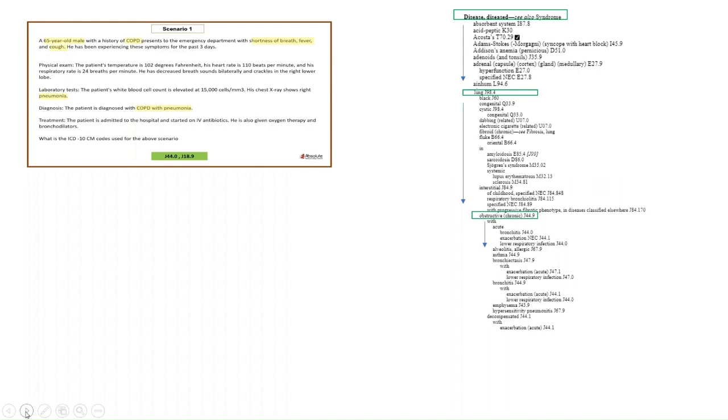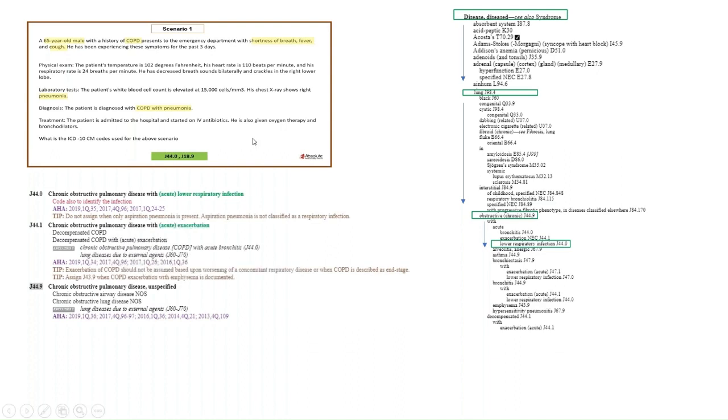And then if we look further, it goes on like obstructive with, we are having a pneumonia over here, and pneumonia is a lower respiratory tract infection. So we are not going to code for J44.9. We have to go further below, and we have to select COPD with lower respiratory infection. That will lead us to J44.0.